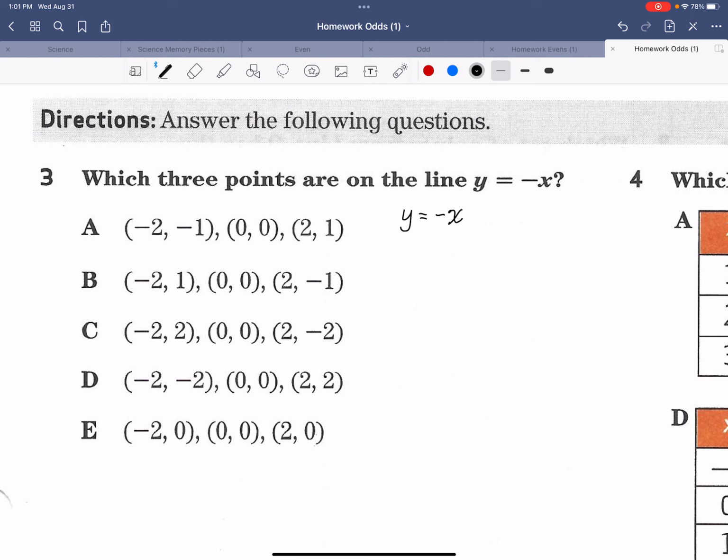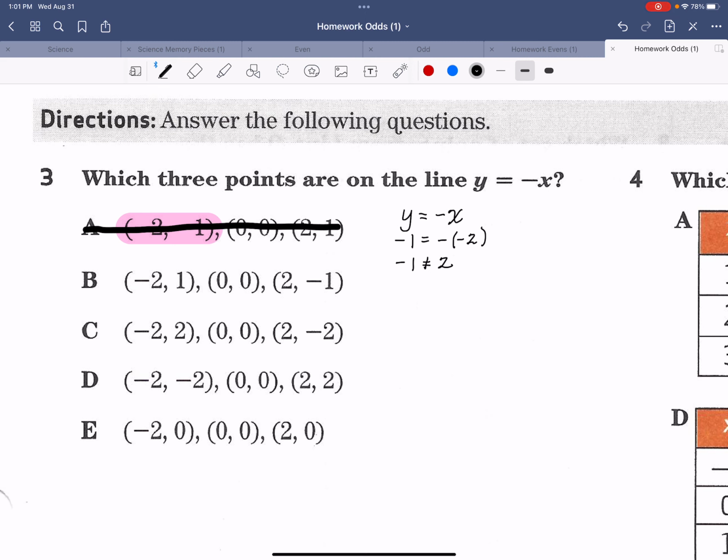Starting with -2, -1. So we'll let -1 be y, and x will be -2. So -1 and 2 are not equal. So this point does not work. I can get rid of the whole answer choice because of that. A will not work.